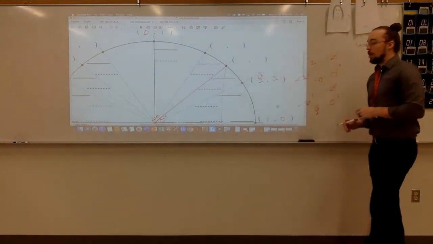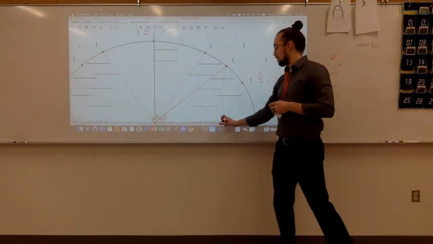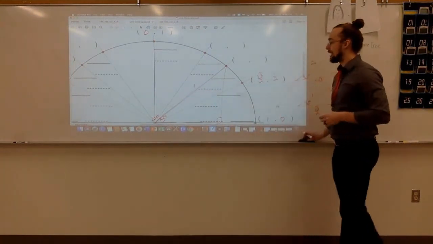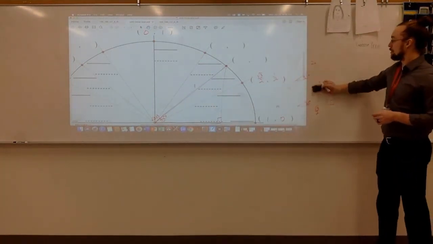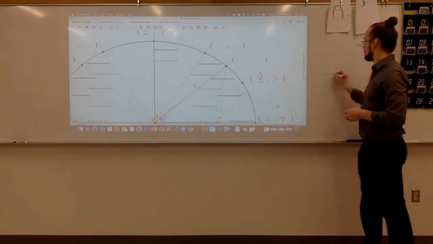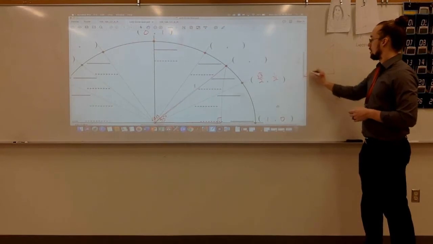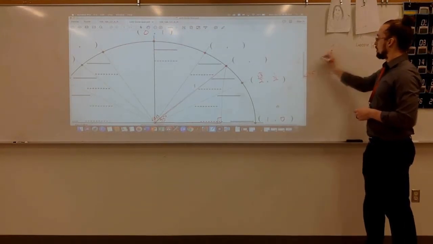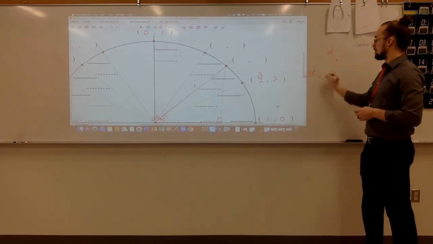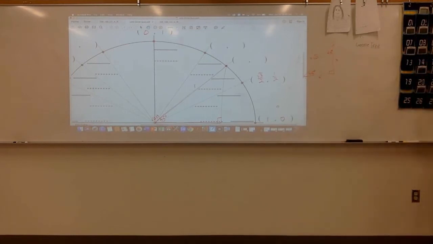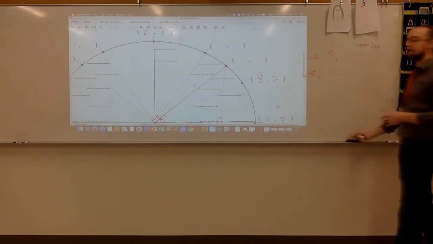So if we look at our relationships in a 45, 45, 90 triangle, we said that if each of the sides is x, the hypotenuse is one of those sides times the square root of 2.